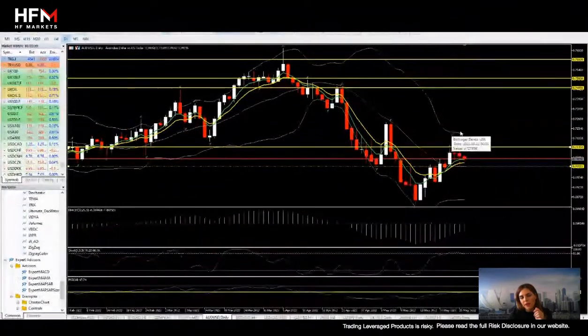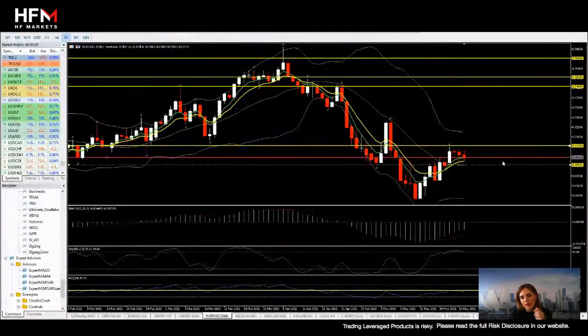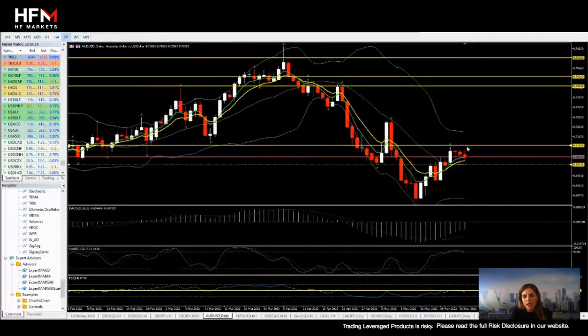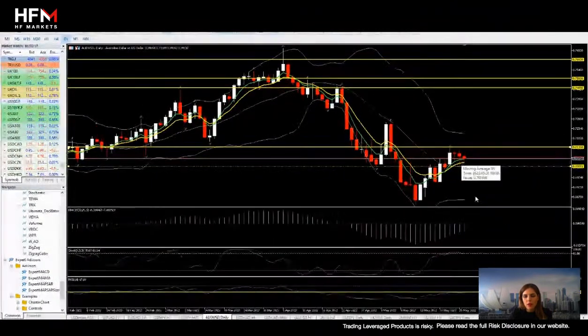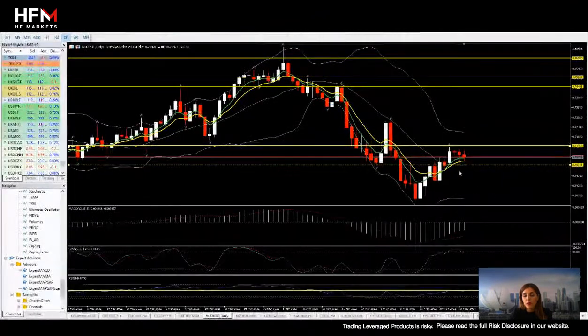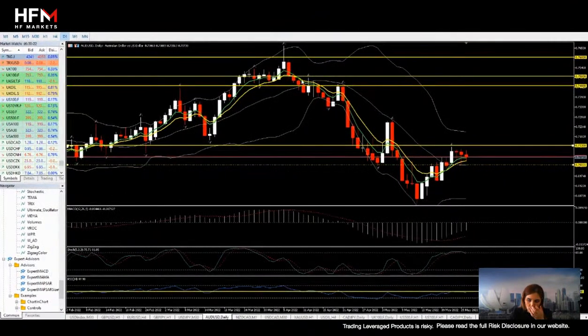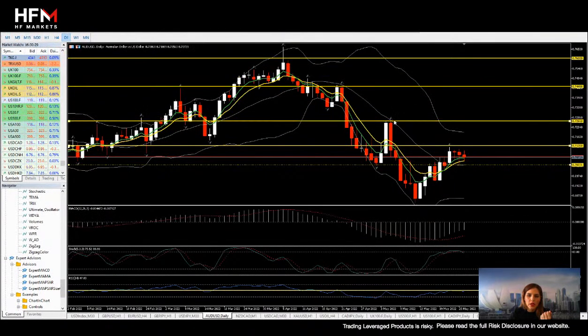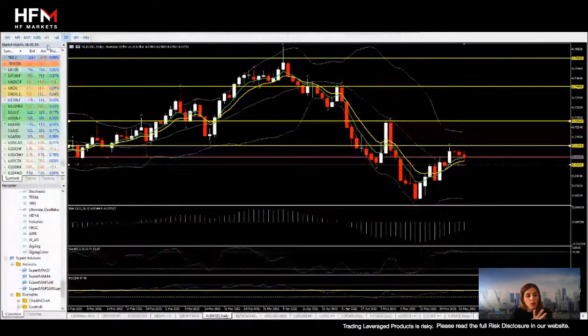You can see that: flattened Bollingers, flattened moving averages, sideways for the last 4 days in a row between 0.7030 and 0.7130. So what we should wait and see is either a breakout above that level or a move below that level. A move below will imply a continuation of this downtrend, while a move higher could bring into attention the 0.7060 resistance as the very next resistance area. That was the overall outlook.